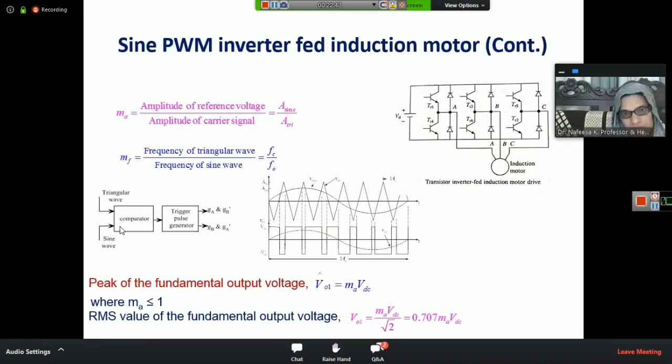This part is having more positive values. So this is the concept behind PWM.